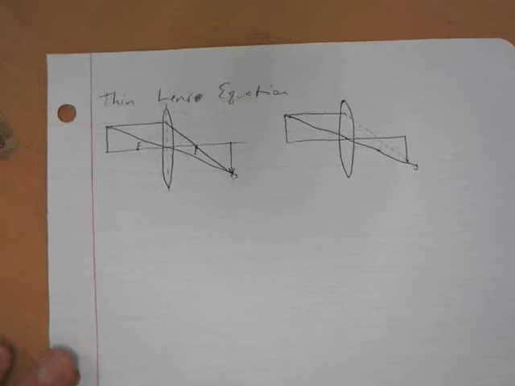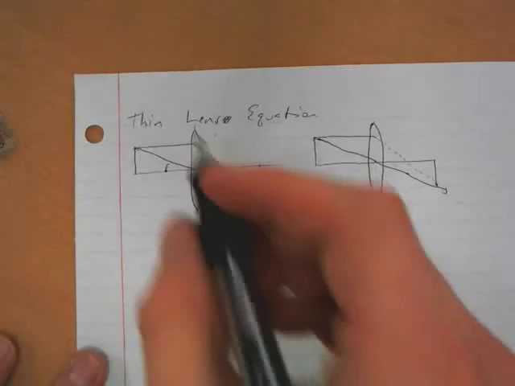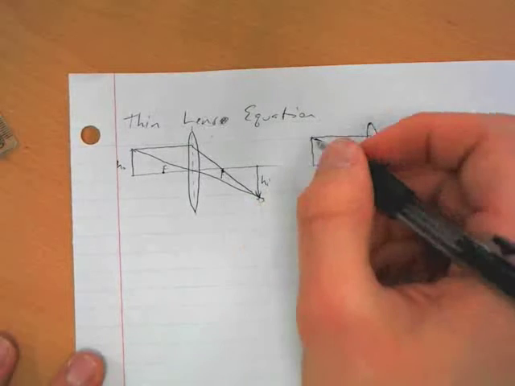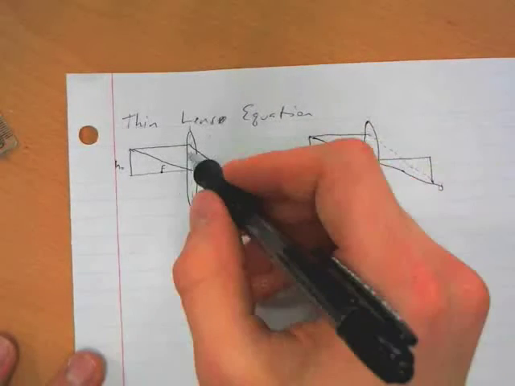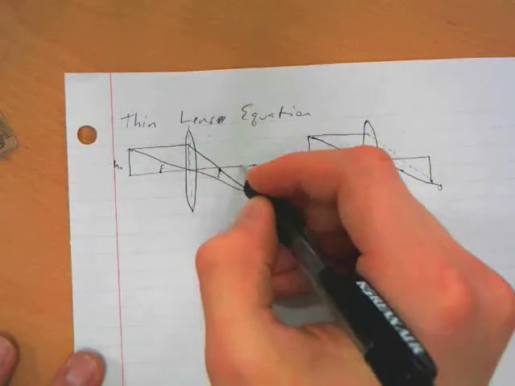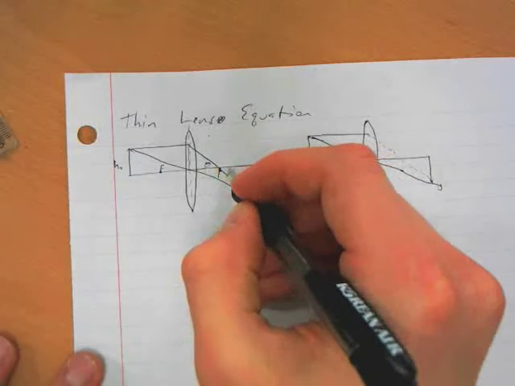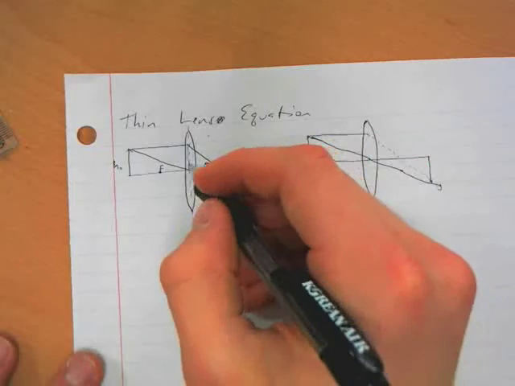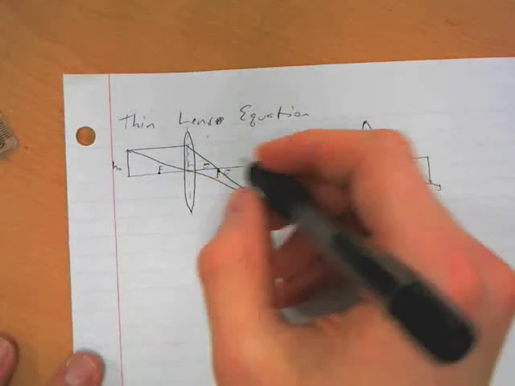So if we look here, this is our object, and our image is formed over here. If we look at these two triangles, these are the same angle, these angles are the same, and the other angles are the same. So we've got similar triangles again.